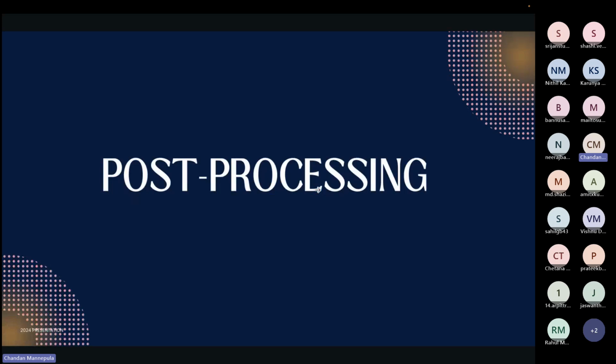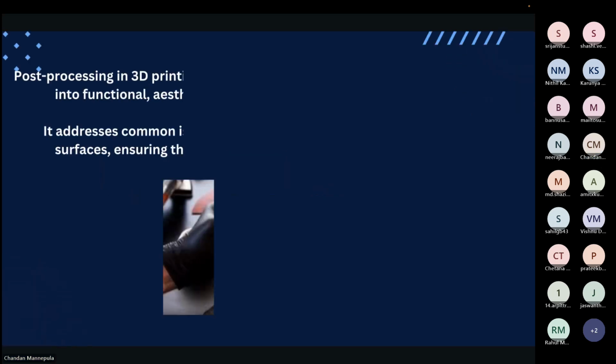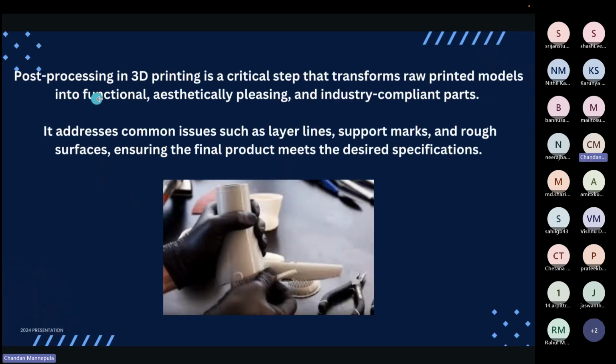So let's get into post processing. Post processing in 3D printing is a critical step that transforms raw printed models into functional, aesthetically pleasing, and industry-compliant parts. It addresses common issues such as layer lines, support marks, and rough surfaces, ensuring the final product meets the desired specifications. So, why do you think there will be layer lines on the 3D printed model?